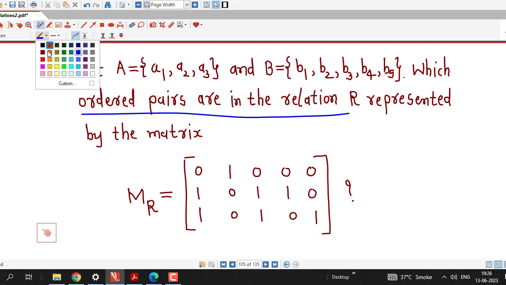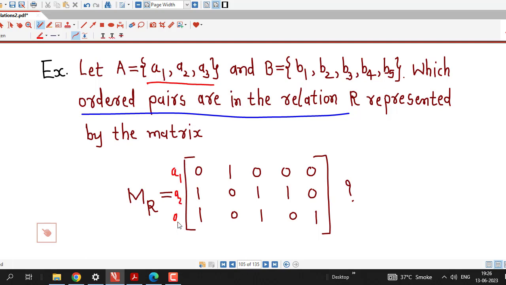So here we can write that this set A has 3 elements, so I can write down a1, a2, a3 here, and elements of B I can write here, b1, b2, b3, b4 and b5, and we will search for ones corresponding to these entries.